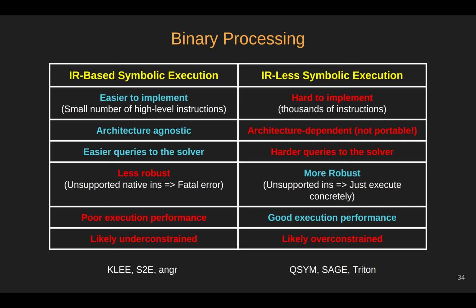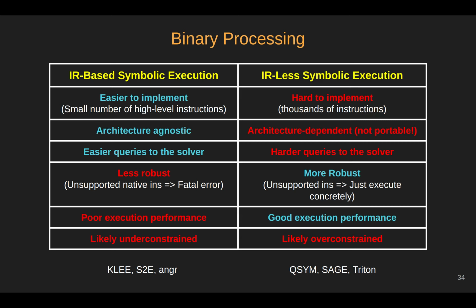Another aspect is that IR-based is architecture agnostic, so you don't care what the binary was compiled for, if it's ARM or x86, as long as your lifter or translator supports it, then it should be fine. Whereas the other one is dependent on the architecture, and that's by construction, right? You just made it understand x86 as an example, and then it's not portable.